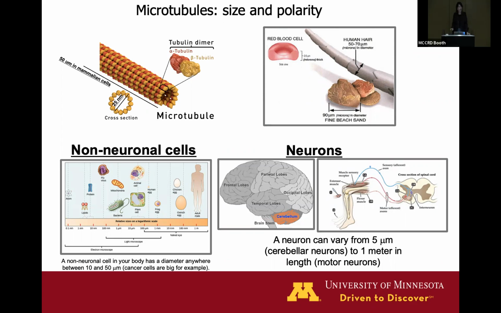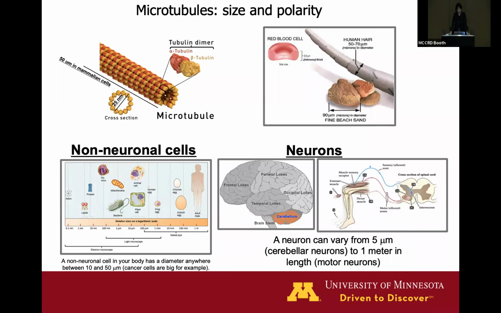Just to give you a sense of proportion, the thickness of a human hair is anywhere between 30 and 50 micrometers. Cells also really vary in size. For example, cancer cells will be anywhere between 30 and 70 micrometers. So if you think about a microtubule being 50 micrometers, it's actually quite a long structure.